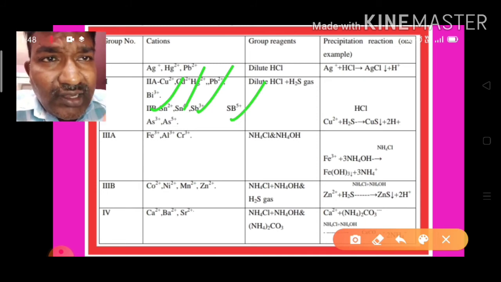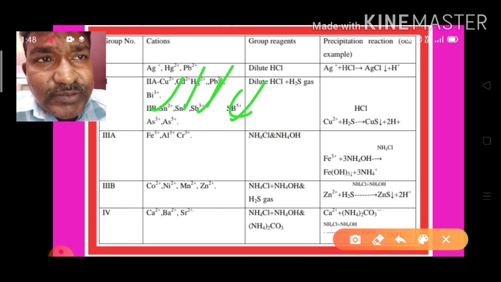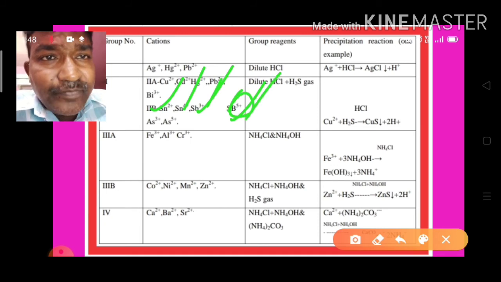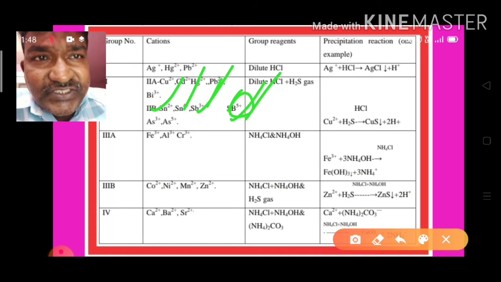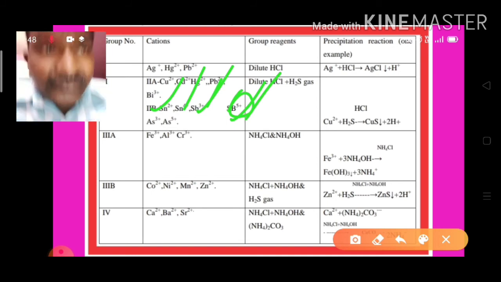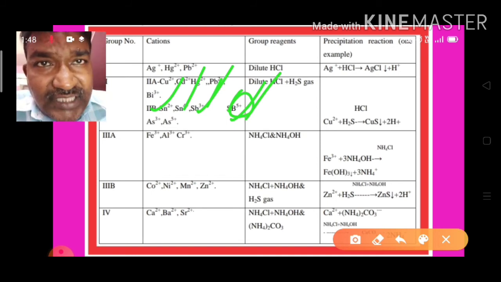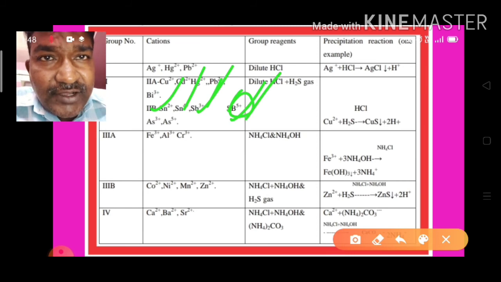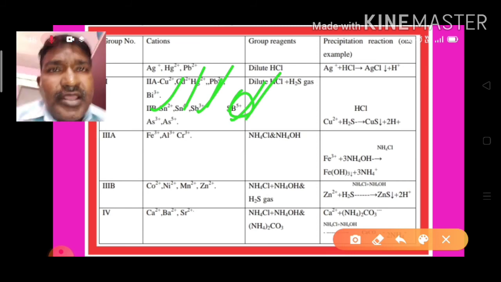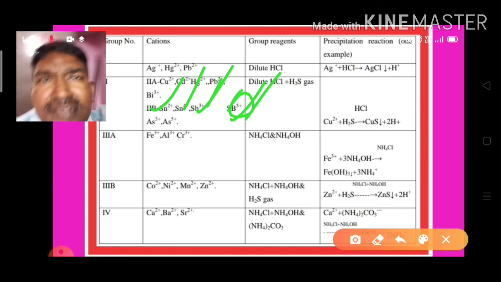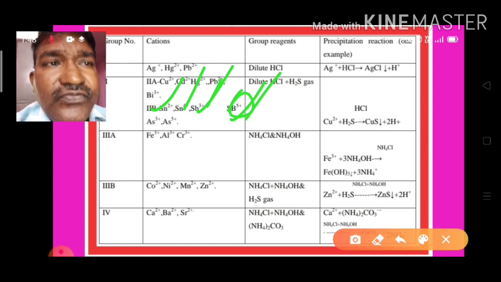So we can call Sb3+ antimonous and Sb5+ antimonic ions, and As3+ and As5+ arsenous and arsenic ions. The group reagent is the mixture of dilute HCl and H2S gas. Here, second group cations are precipitated as their sulfides.